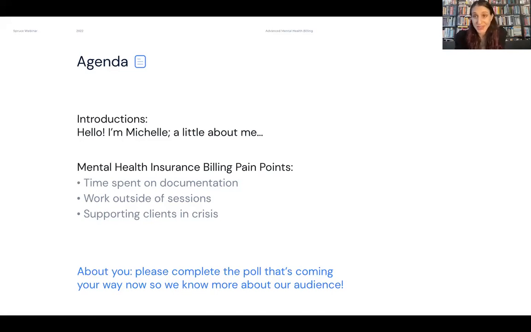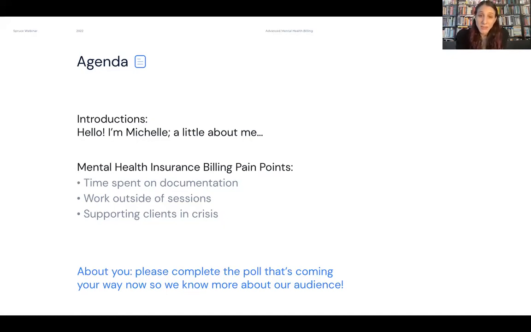So, mental health insurance billing pain points, as I'm sure all of you are extremely aware. Time spent on documentation. This is a huge problem for practitioners. If you have spent your entire day handling a patient crisis and then you need to document it, and that's going to take more time, that can really lead to a lot of burnout.